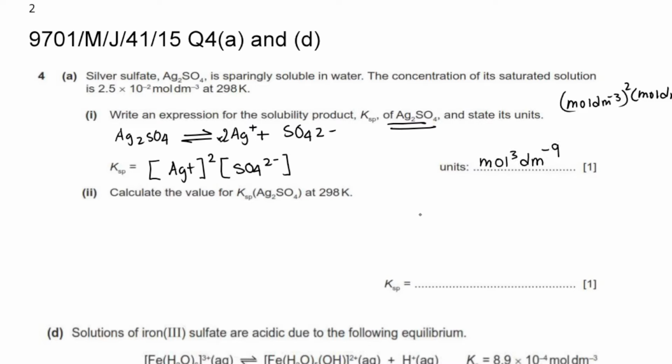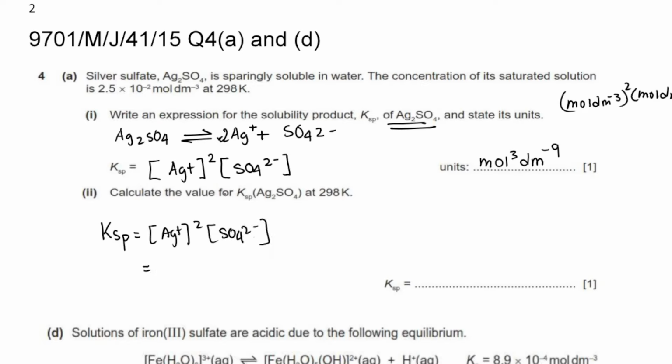which is mole to the power 3 and dm to the power minus 9. Now in the second part, they've asked us to calculate the value of the solubility product. So we can say that Ksp equals Ag plus squared and SO4 2 minus.